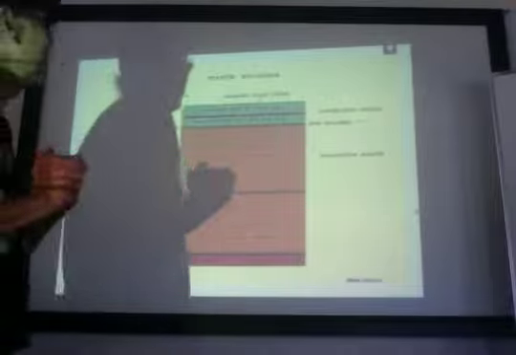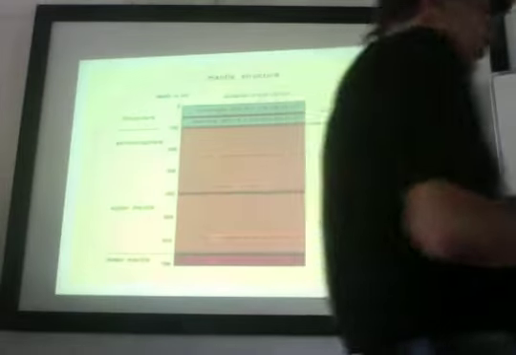So now we are going back to the mantle. Here we have a cross-section through the mantle, and this cross-section is actually representative for areas like we find here in Fiji, or in the whole Pacific.